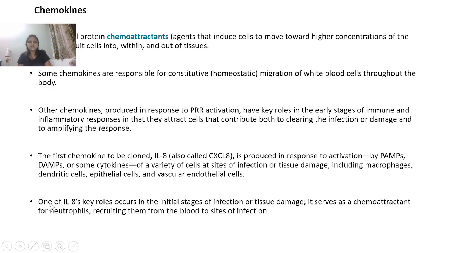One of the key roles of this IL-8 is in the initial stage of infection or tissue damage. It serves as a chemoattractant for neutrophils, as I told. They will attract these neutrophils and recruit them from the blood to the sites of infection.